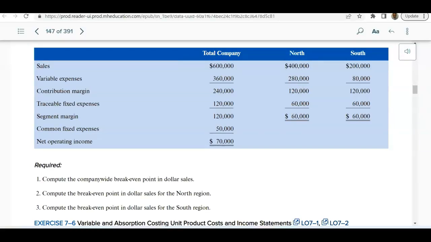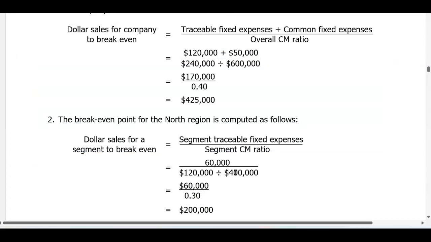That gives you 30% contribution margin for the segment. So fixed expenses plus zero target profit divided by 30% contribution margin for the North segment gives you $200,000 of sales.